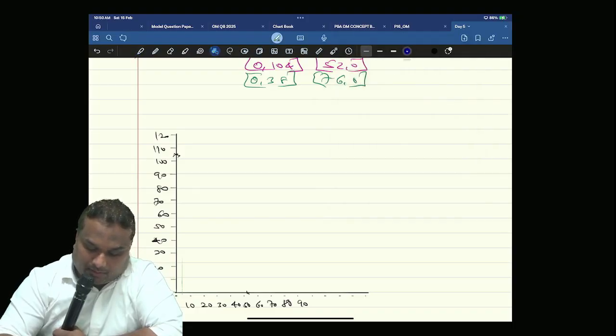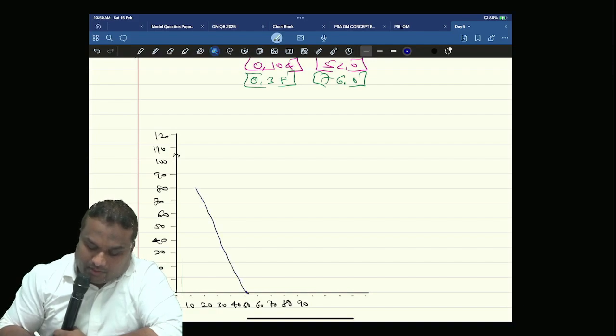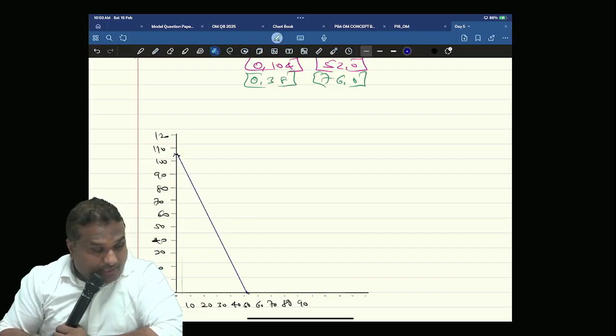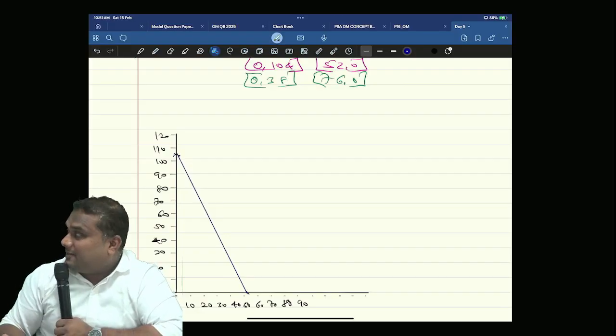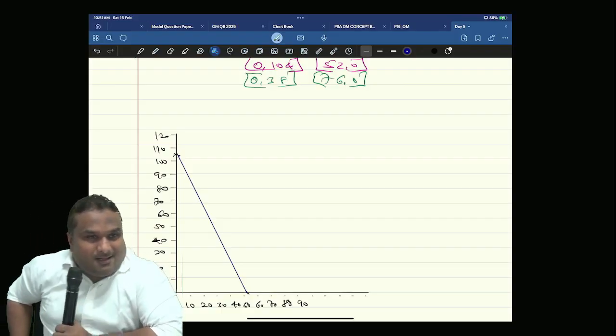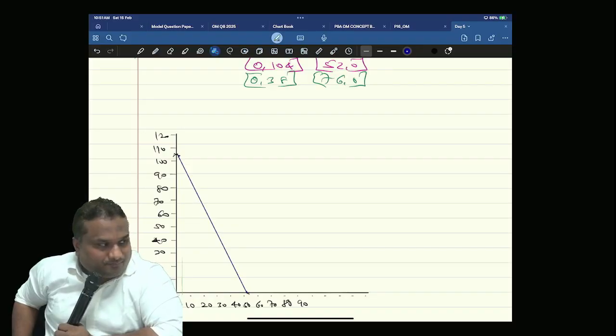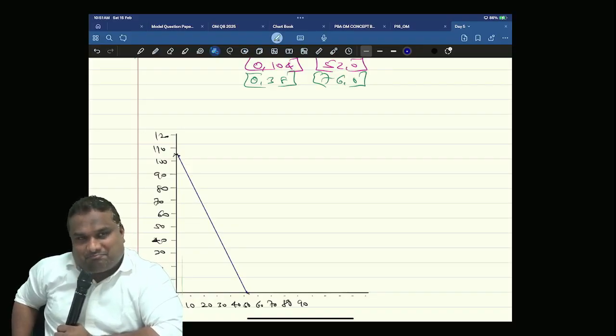Without any bend, you should be able to draw. See how beautifully I have done? Can you do like that? No. You should have such a skill.